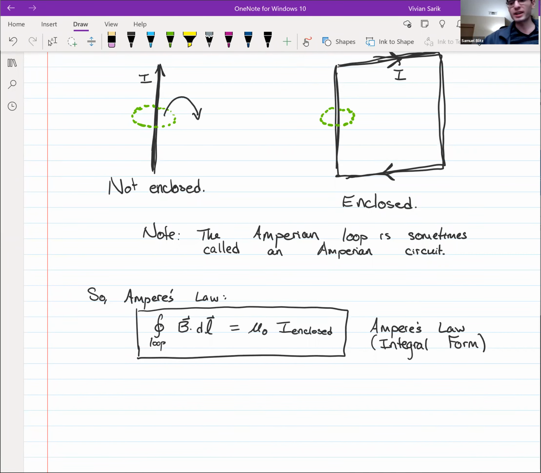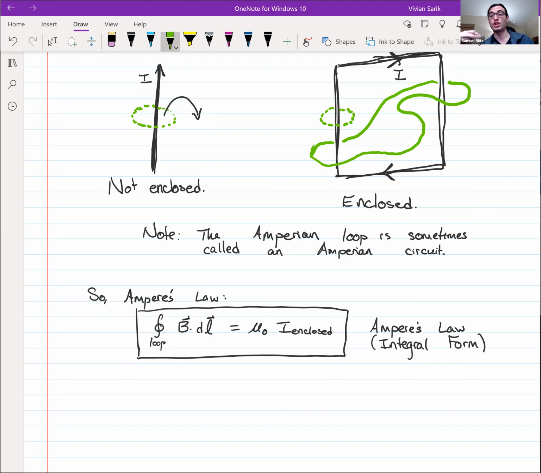So just like for Gauss's law, where we had the integral of E dot dA equal to Q over epsilon naught for any surface, this is true for any loop. We could have chosen, say, a loop that goes around and then maybe passes in front here and then goes behind there. We could have chosen any loop and this will still be true. The point is that you have to choose which loop you want to use if you want to use Ampere's law to solve for something useful.